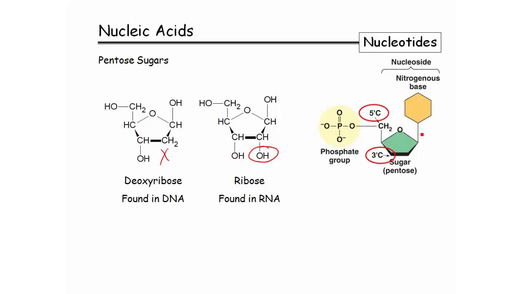Also want to point out that when we talk about nucleic acid structure, there's quite a lot of talk about the 5' end and the 3' end. Well, what this 3 and 5 are referring to is the numbers of the carbons in the sugar. So this would be 1, 2, 3, 4, and then we have 5 up here. Notice that the 5' end is attached to the phosphate group, and the 3' end is always going to have a hydroxyl group on it.